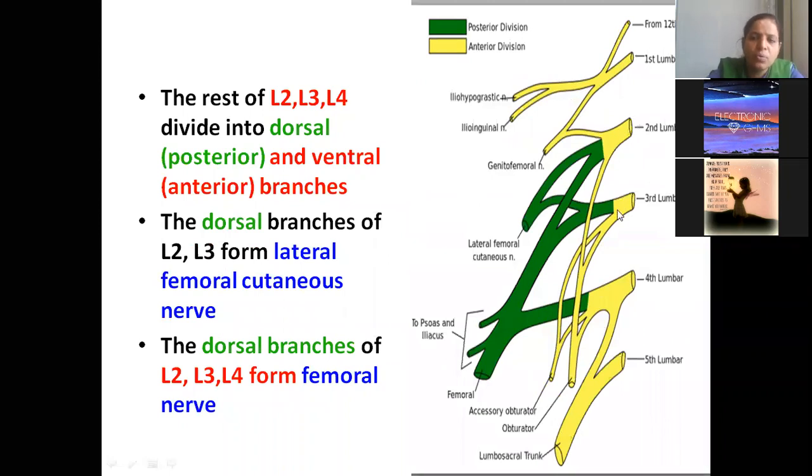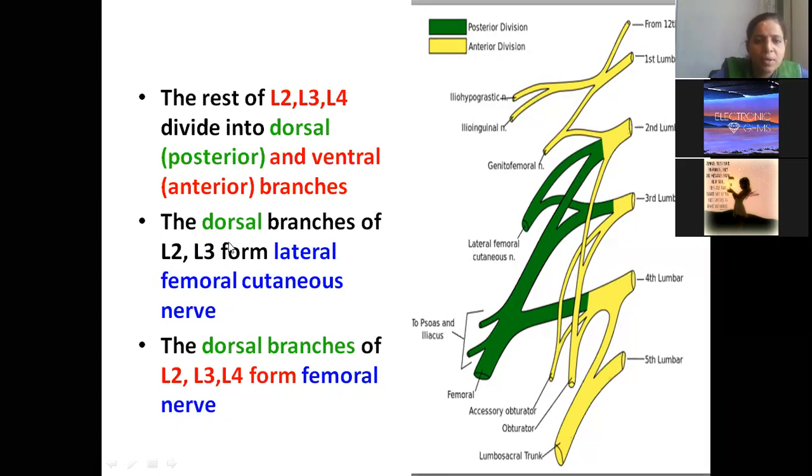So this L2, L3 and L4, these nerves, they divide. Always, even with the brachial plexus, we have seen it is dividing into anterior division and posterior divisions. Anterior is also called ventral, posterior is also called dorsal. Posterior divisions are shown in green color, anterior divisions are shown in yellow color for our convenience.